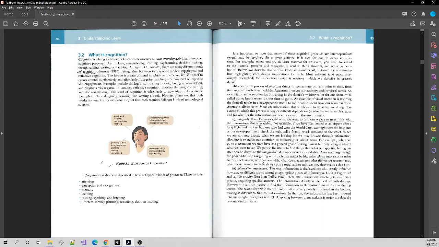So cognition, we're going to break it down for HCI, for UX, in terms of attention, perception, memory, learning, their output via language, which is reading, speaking, and listening, and their decision areas, which are problem solving, planning, reasoning, decision making.